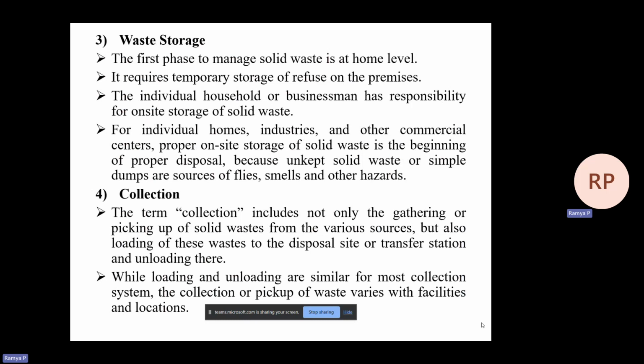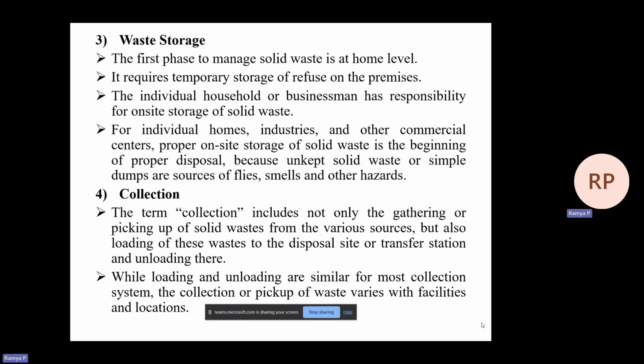The fourth point is the collection. Here, the term collection includes not only gathering or picking up the solid waste from the various sources, but also loading and unloading of the waste to the disposal sites or to the transportation. All these things come under the collection.